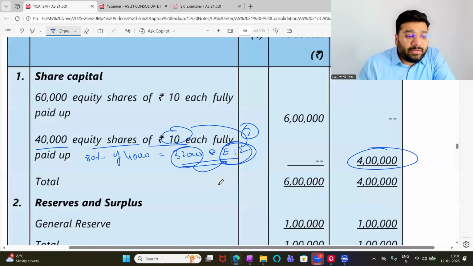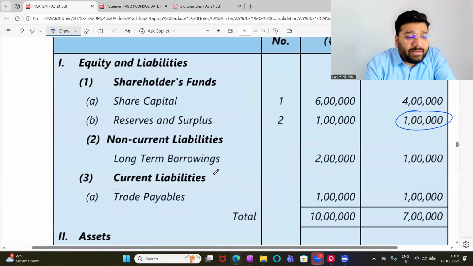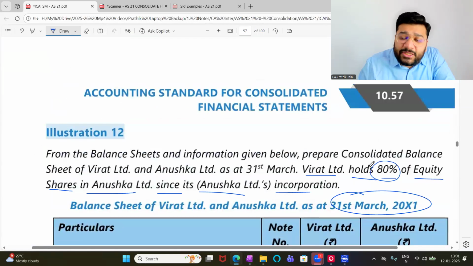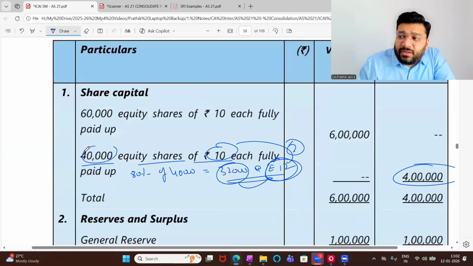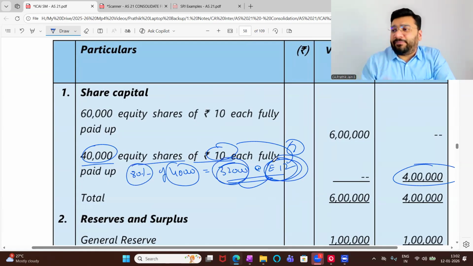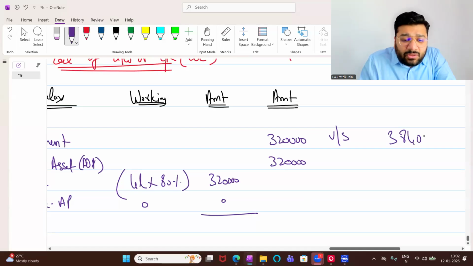Virat Limited is holding 80% shares. 40,000 is the total share; of that, 80% is 32,000 shares. He is paying 12 rupees per share. So what is the total payment done by Virat to Anushka? 3,84,000.